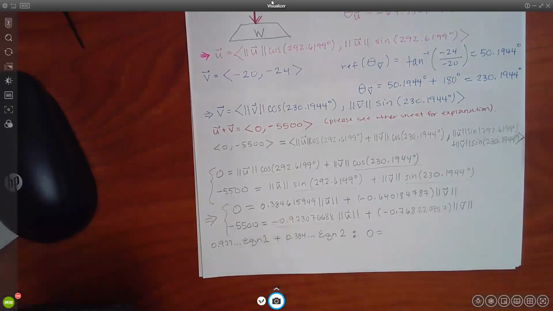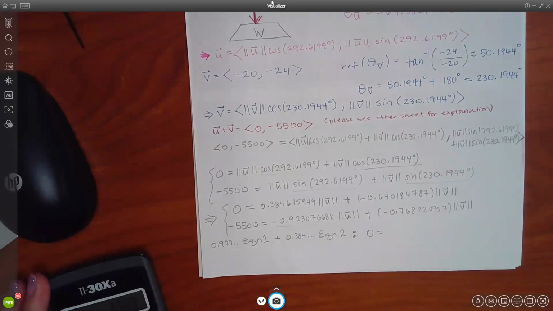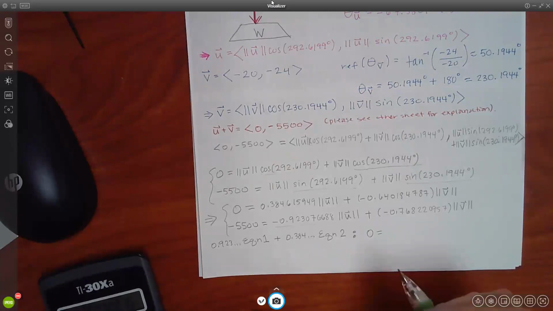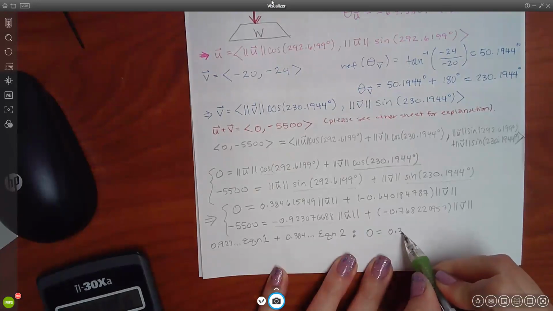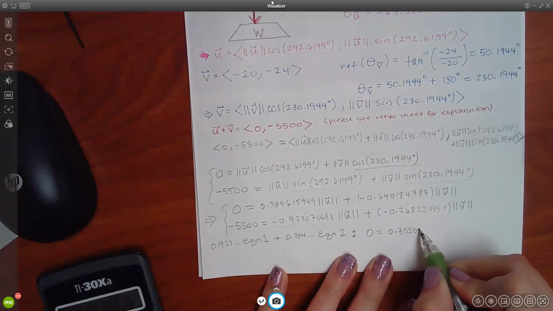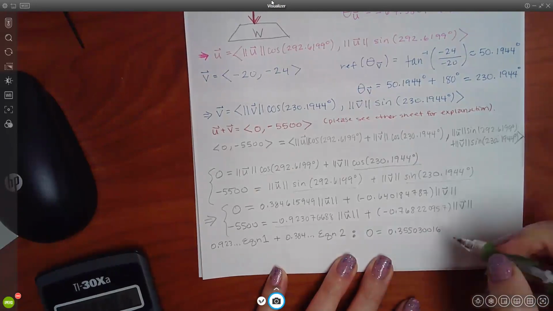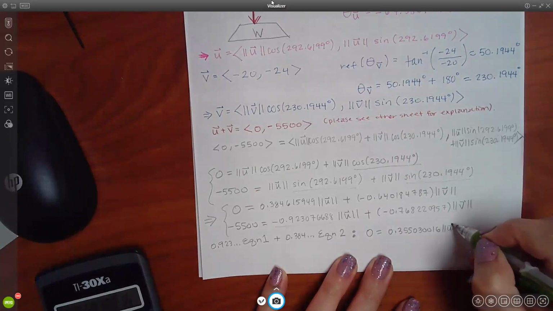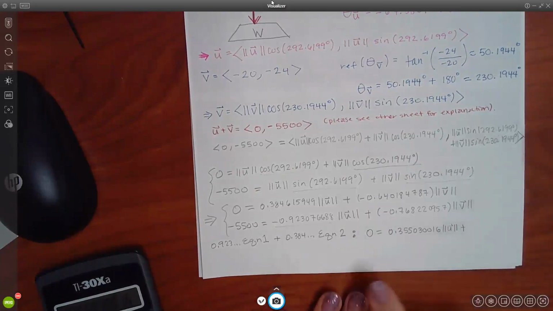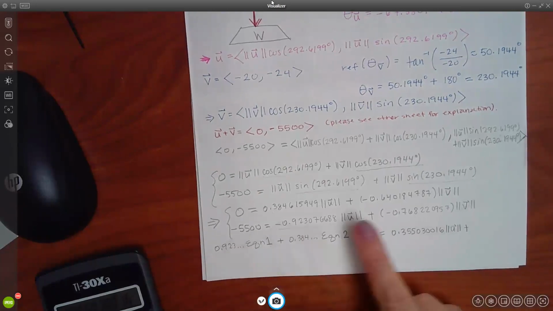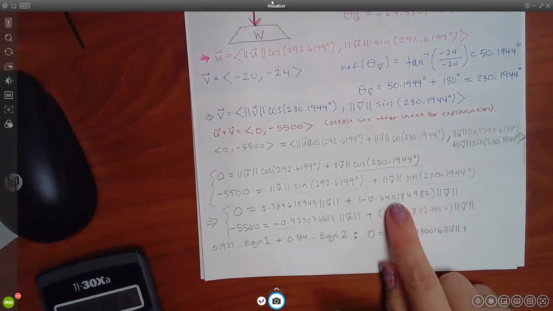But when I multiply it by that, let's see, 0.923076688 times 0.384615949. I end up with this decimal. And then it's still multiplied by the magnitude of U. And then I've got to take that 0.923 number and multiply it by this guy.